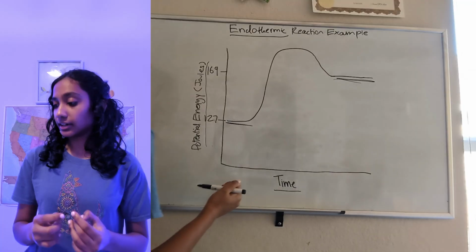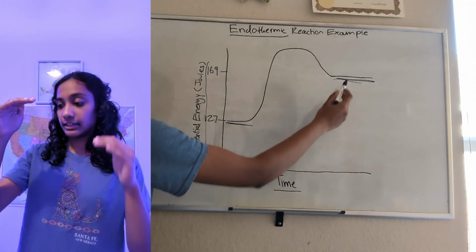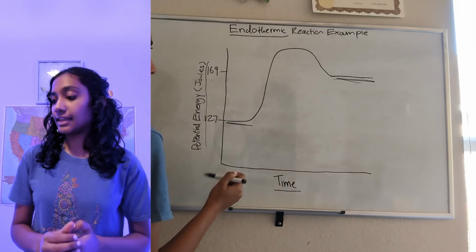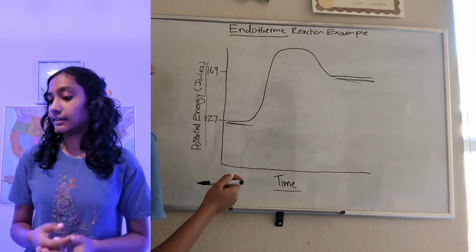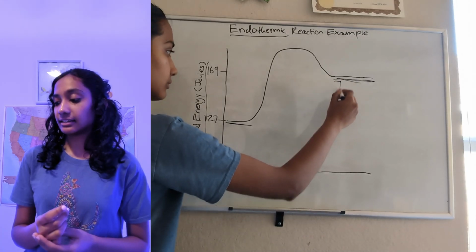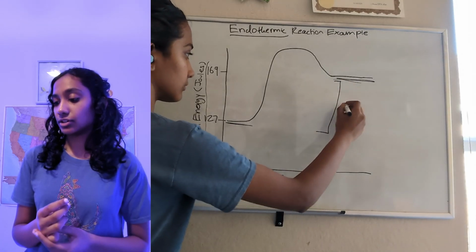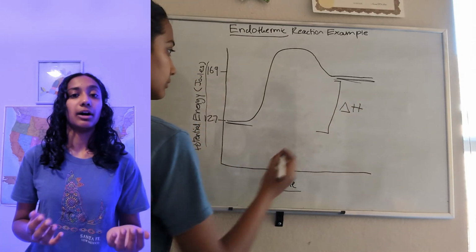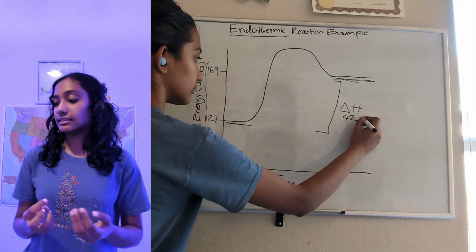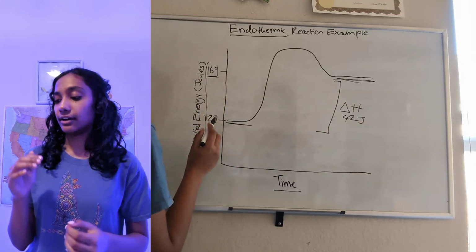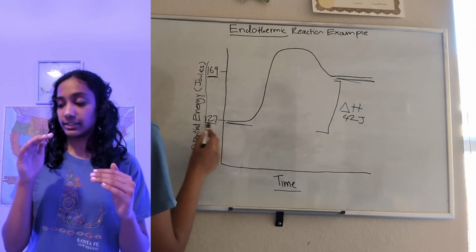As you can see, the products have a higher potential energy than the reactants because in an endothermic reaction, enthalpy increases. The distance between the potential energy of the products and the reactants represents delta H, or the change in enthalpy. In this case, delta H is positive 42 joules, since the energy of the products is 169 joules, and the energy of the reactants is 127.